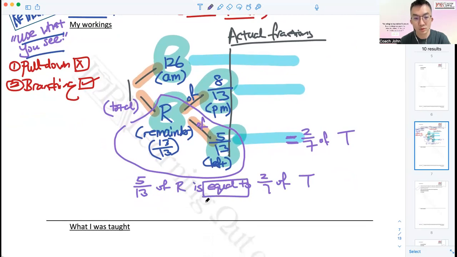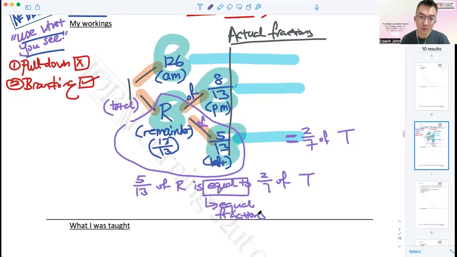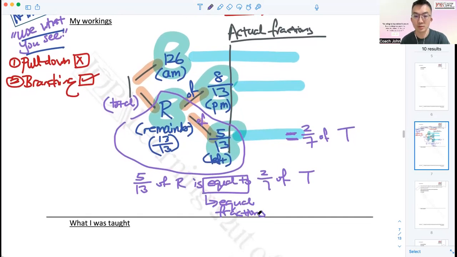"Equal to", and this one will tell you that this is under equal fractions. All right, so if you are seeing stars now, that means you must go back to revisit your 12 concepts. If you can follow, congrats.